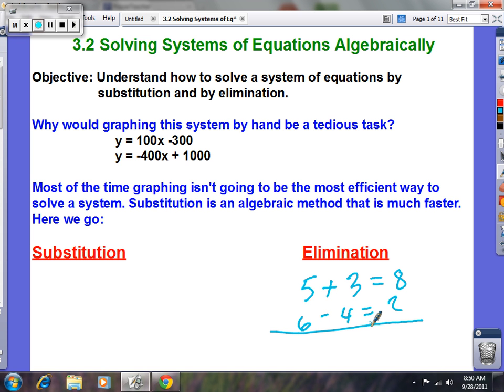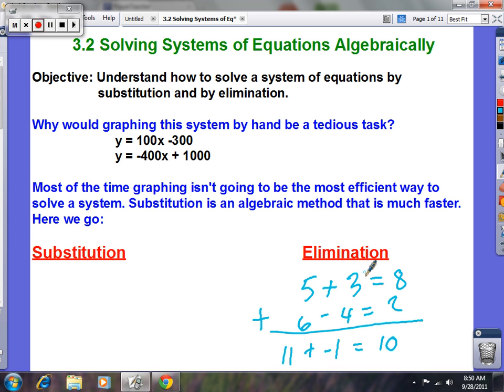Shania, if you stack them on top of each other, you can also go vertically. So let's add them. What is 5 plus 6? 11. What's 3 plus a negative 4? So 11 plus a negative 1 equals 8 plus 2? 10. So look, I started at the top with the true statement.